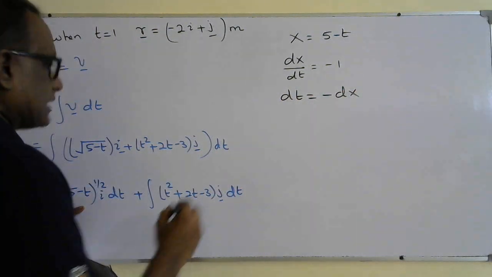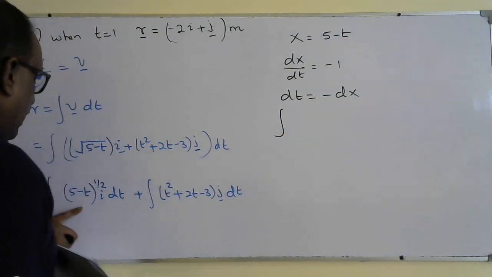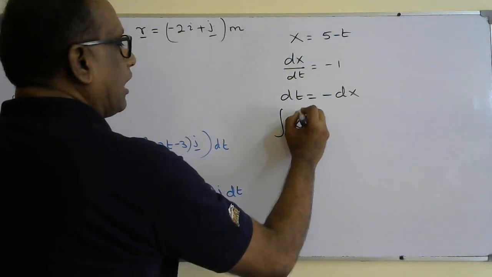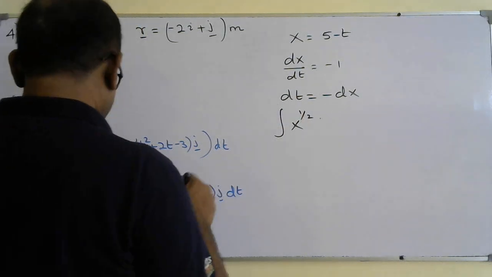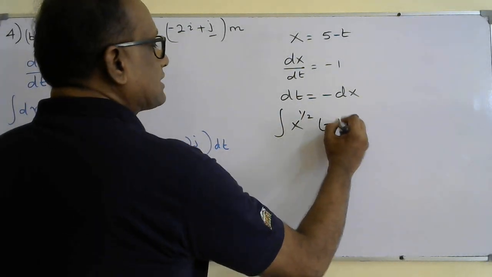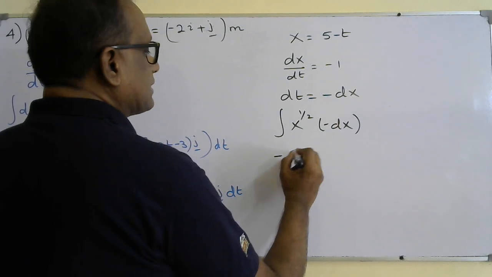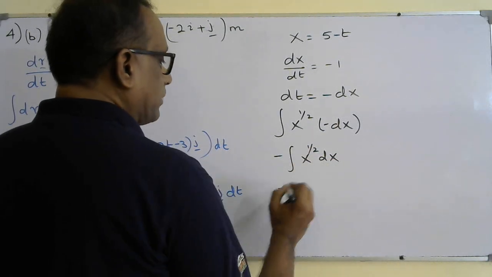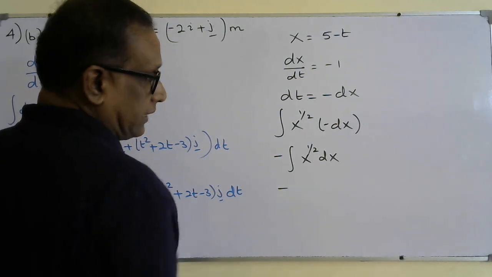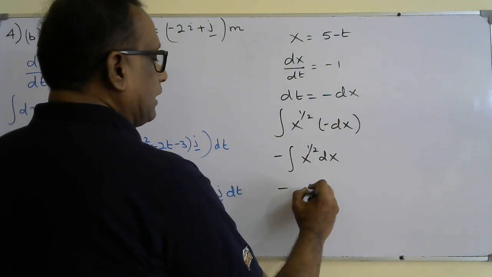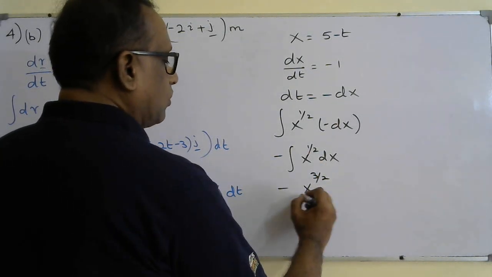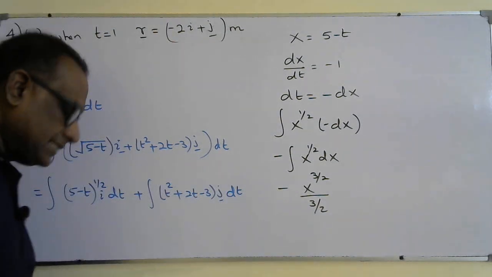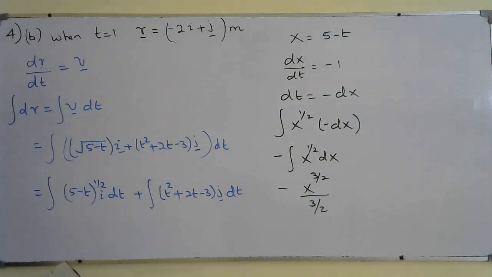So this could be written as the integral of x to the power half, with dt replaced by minus dx. That is minus the integral of x to the power half dx. So minus x to the power, add 1, it becomes x to the power 3 by 2 over 3 by 2.